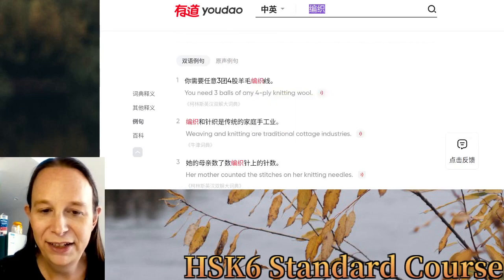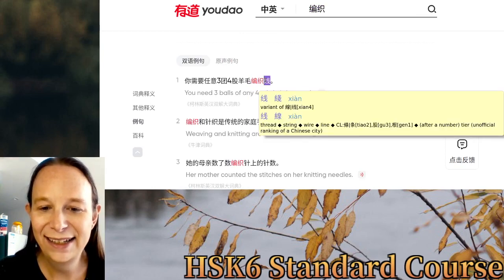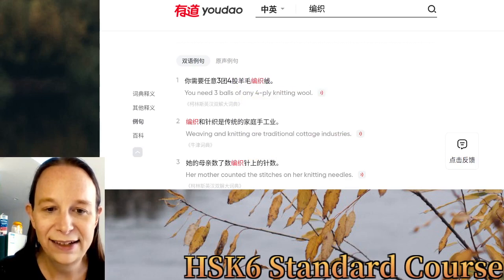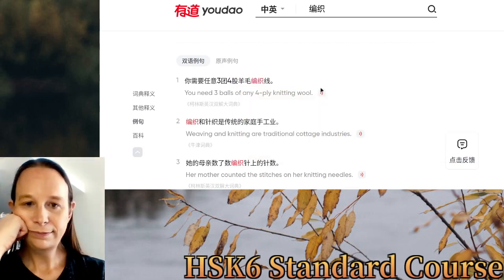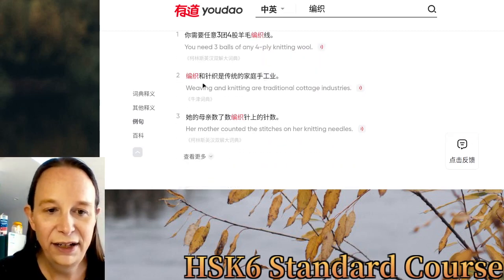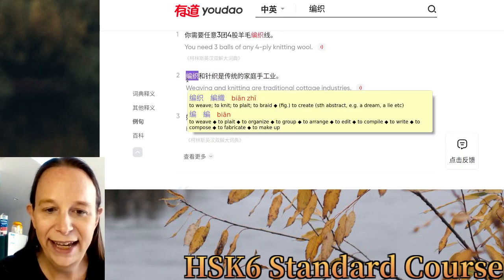So presumably 编织线 is a string that is used for, no, it's kind of a line that is used. It also means 线 for knitting. 羊毛编织线, so knitting wool. 羊毛. Okay. 编织和针织. 针 is a needle, right? So 针织 is knitting. Okay, weaving and knitting.